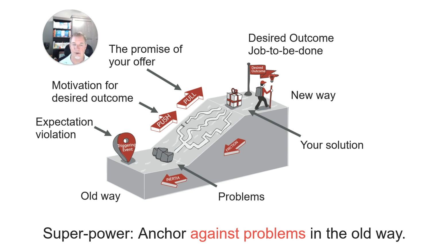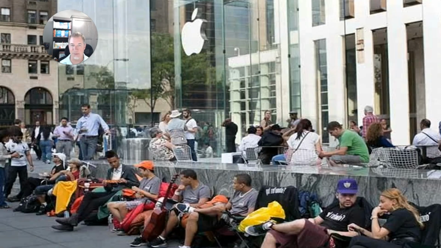Your superpower, anchoring against problems in the old way. You need to understand what has triggered this customer to become an early adopter looking for a better desired outcome and job to be done. What has happened?